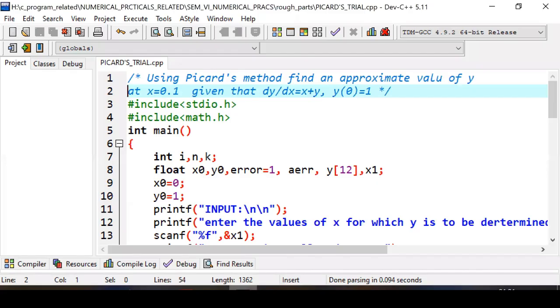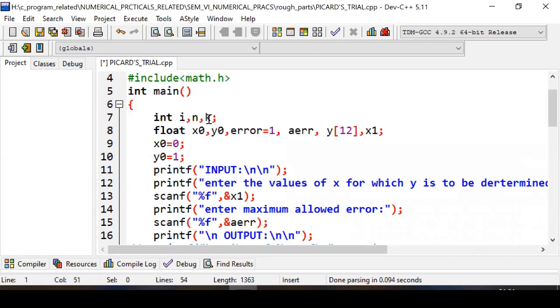Now let us see the programming here. This is a standard thing which we are starting with, and as I said, I am keeping this problem only, dy/dx equals x plus y. You are trying to find the approximate value of y at the point x equals 0.1, as demanded there, and the initial value is y at the point 0 is 1. These are some of the variables which we have declared. x0 is 0, y0 is 1.